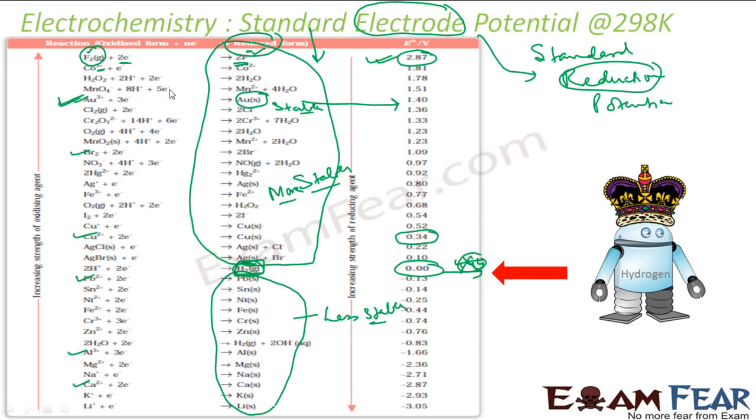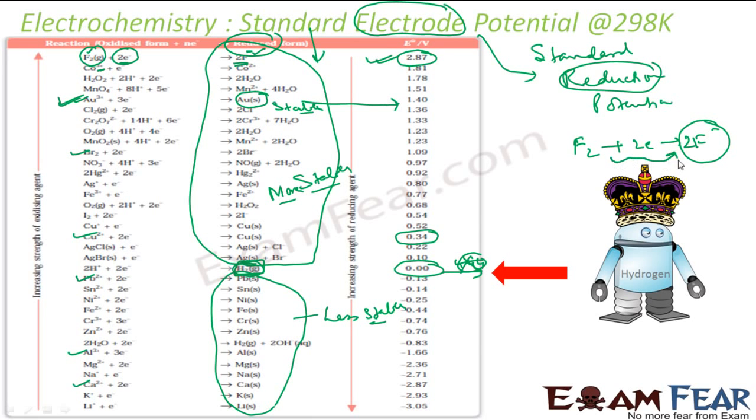This is F minus. And we have seen that chlorine, fluorine, bromine, they have a tendency to gain electron, because once they gain electron, they become more stable, right? F2 plus 2 electron gives F minus. This is very, very stable.